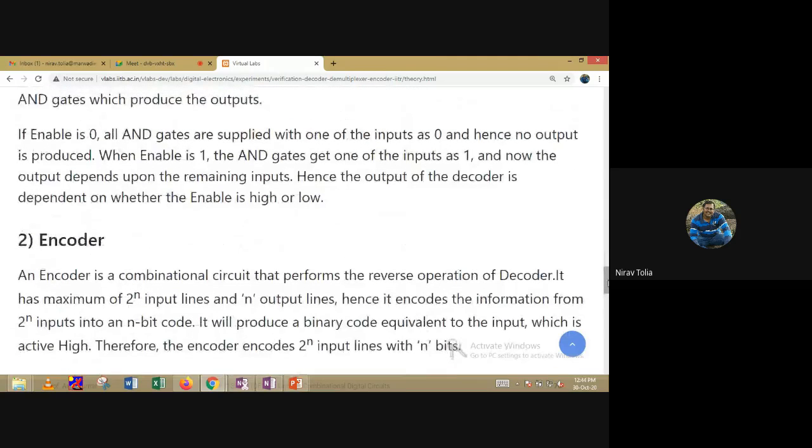Then we move to the encoder. But before moving to the encoder, does anyone have any doubt? I think encoder and decoder we already covered in the theory session also.